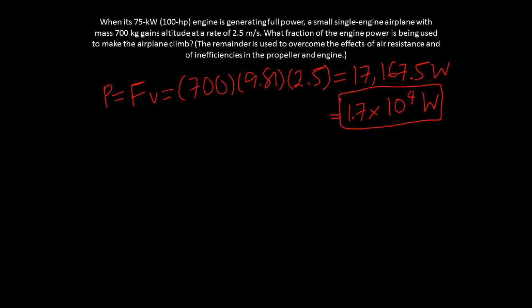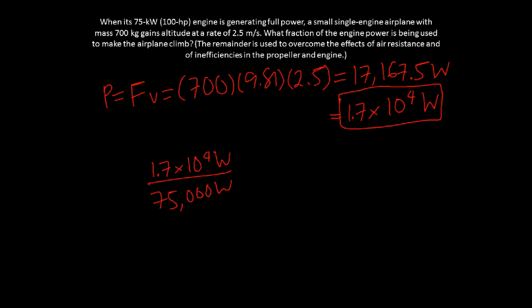Now it asked us to compute the fraction, so here's how you do it. You put 1.7 times 10 raised to 4 watts in the numerator over 75 kilowatts, which is equal to 75,000 watts.